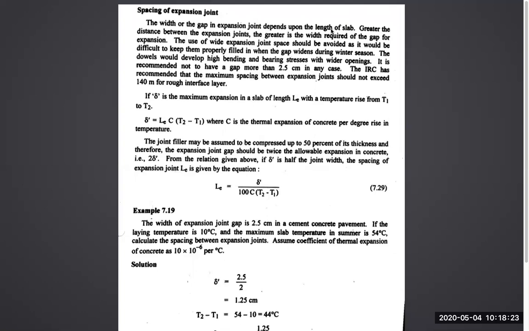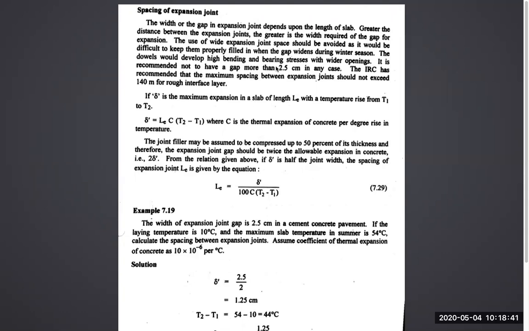So these gaps, as per IRC, should not exceed 2.5 centimeters in any case. IRC recommends that the gap between one slab and another slab should be 2.5 centimeters only.